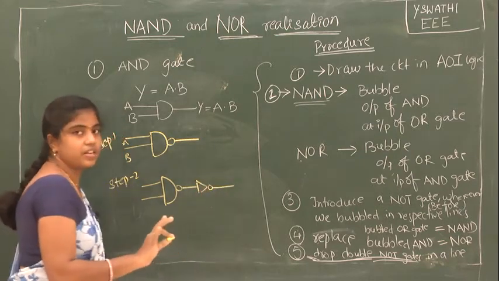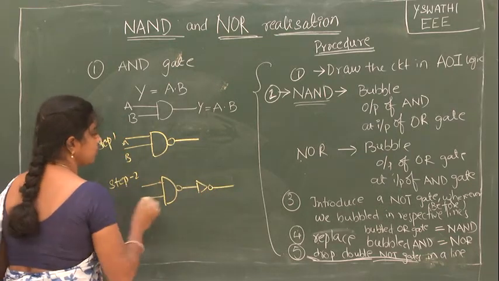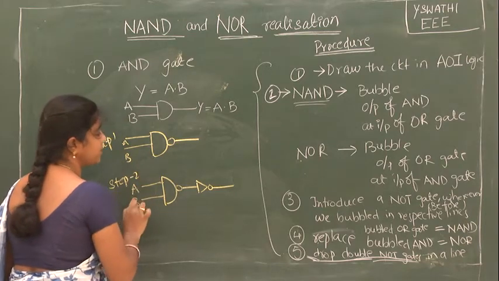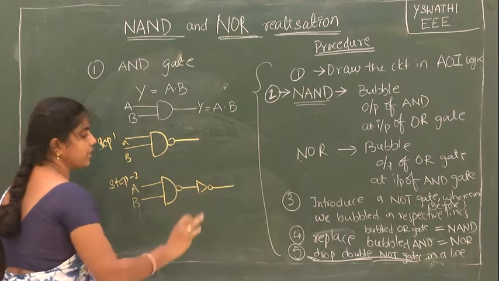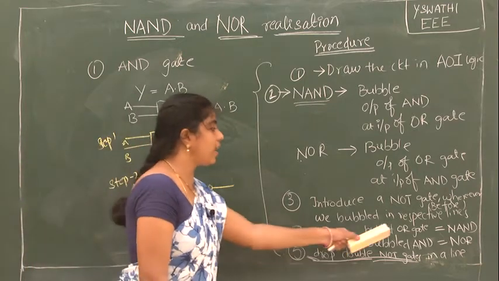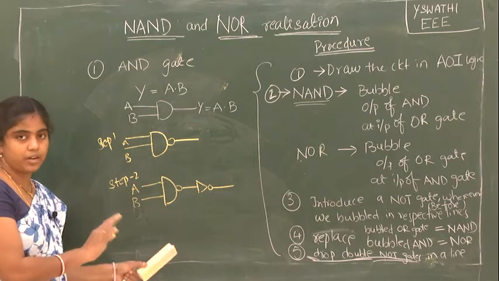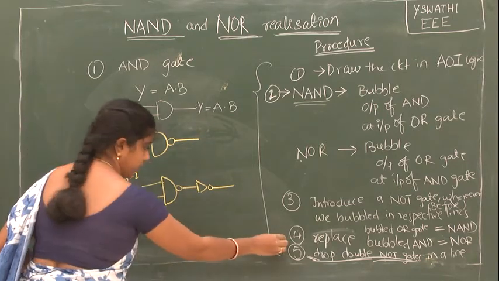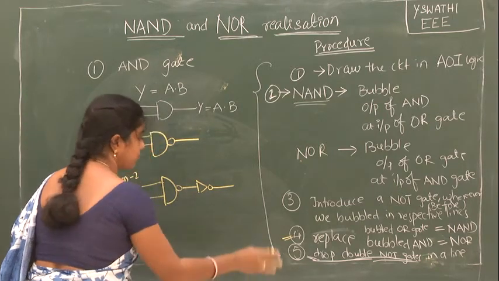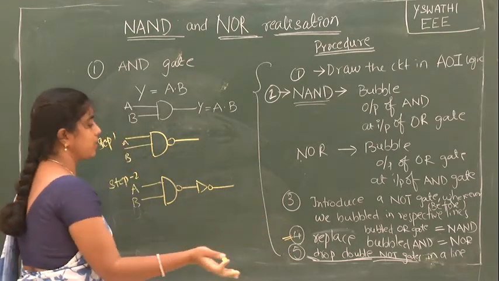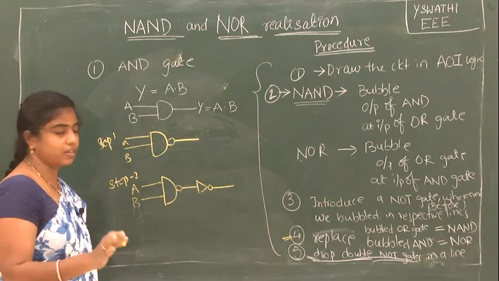So the output is AB, and I have introduced a NOT gate. Now, replace a bubbled OR gate with a NAND gate. We don't have any bubbled OR gates, so I am skipping the fourth step of the procedure. And the fifth one, drop the double NOT gates. Here I don't have any double NOT gates.